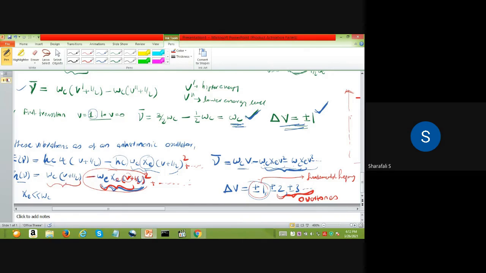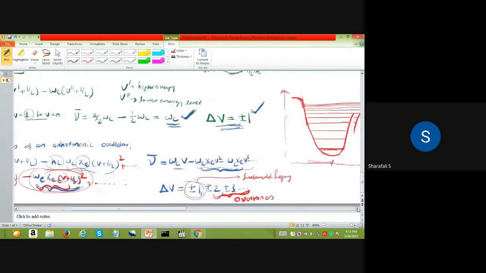When you consider the molecule as a harmonic oscillator, you have only this term. With that term, you have to subtract these additional terms. So when your v is larger, you will get a higher value in this term, and you have to subtract that from the energy levels corresponding to the harmonic oscillation.